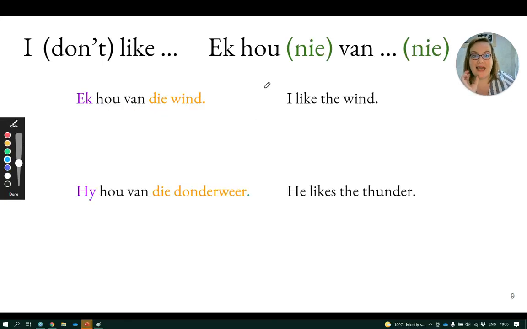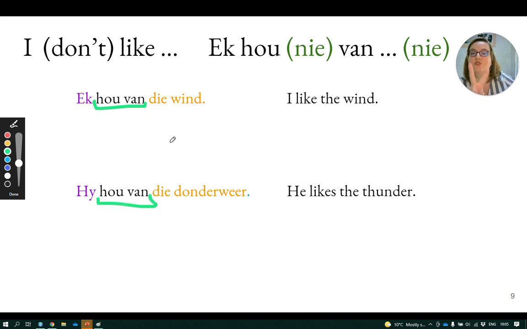Let's look at ek hou van and ek hou nie van. I like and I don't like. I'd just like to refer you to the top of this page here. Ek hou nie van whatever, nie. I don't like whatever, there. So, hou van is the verb here.